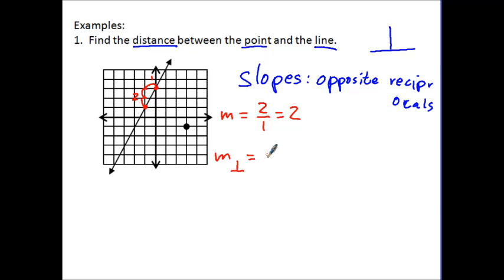In other words, the slope of our perpendicular line is negative 1/2. So now we need a line with a slope of negative 1/2, which connects our point to the given line. And remember, negative 1/2 means we go down 1 step and 2 over.